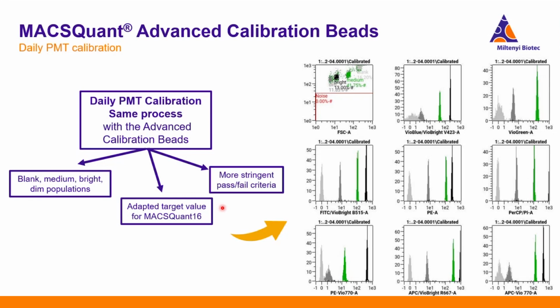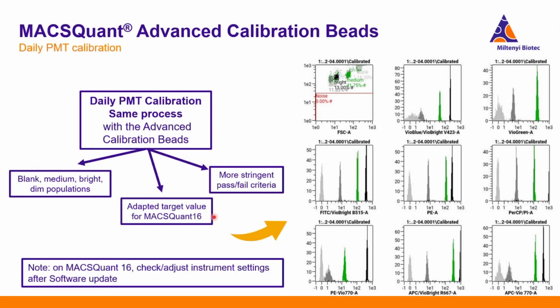This means in practice that if you set the gain to 400, the brightness behind it is not exactly the same as before. This is also why, when you have a MACSQuant 16 and you update from an older to a newer software version, you should definitely check your instrument settings and, if necessary, adjust them a little bit after the update is through.